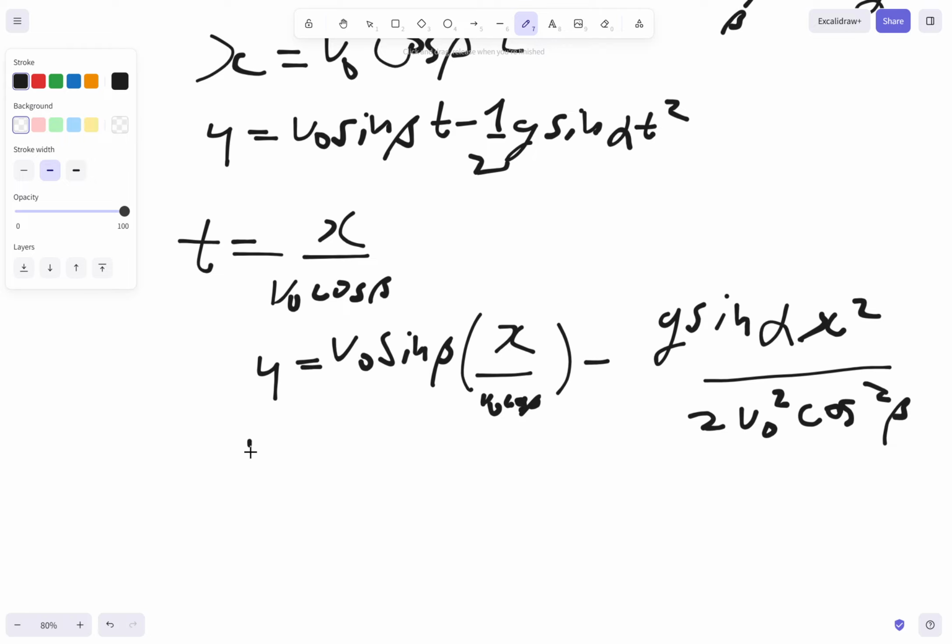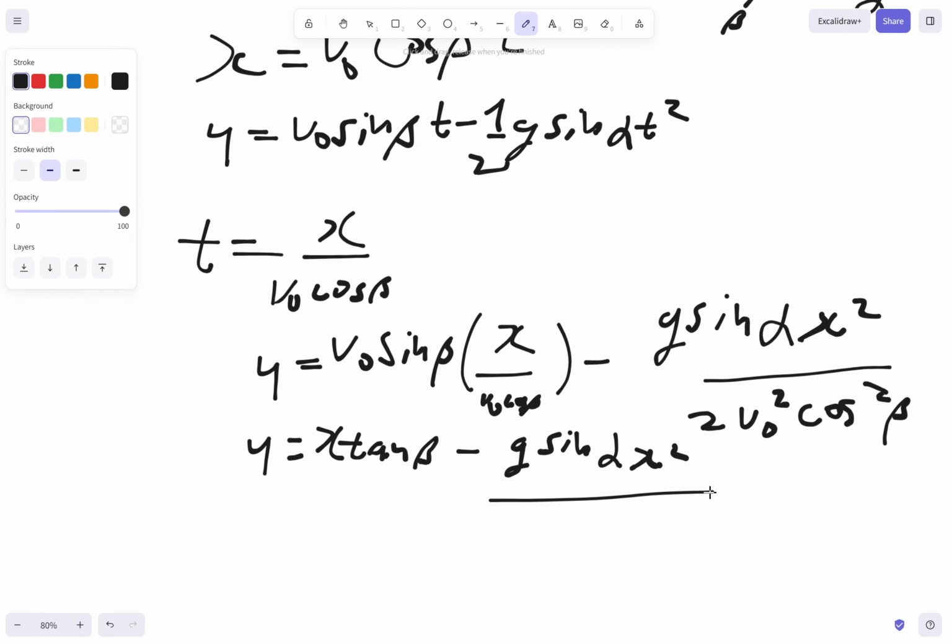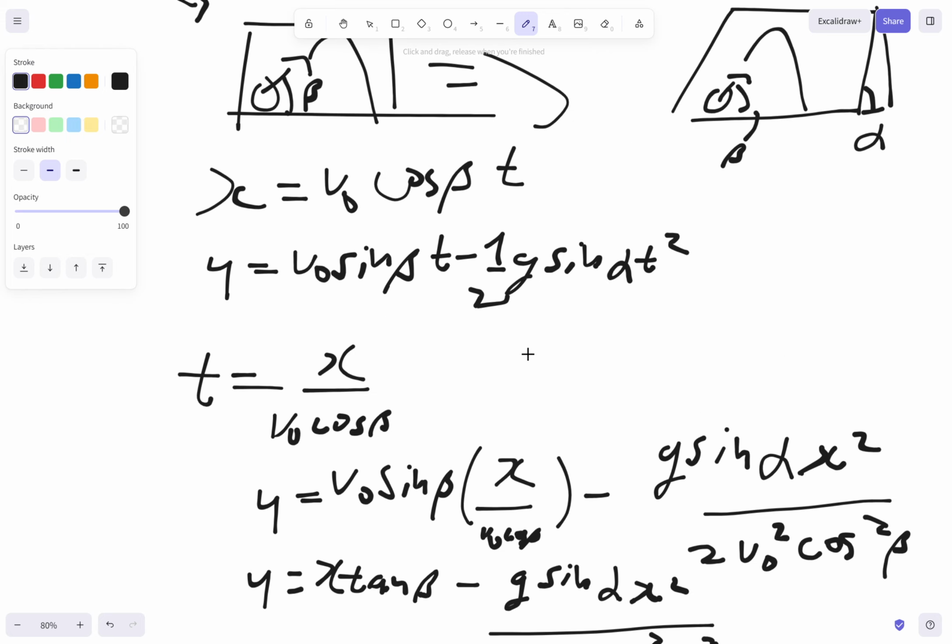I think that's right. And then y equals x tan beta minus g sine alpha x squared all over 2V0 squared cos squared beta. Okay, and we're trying to find alpha.